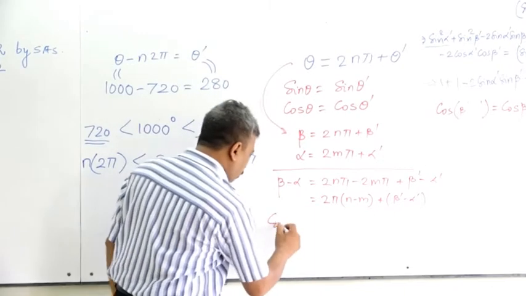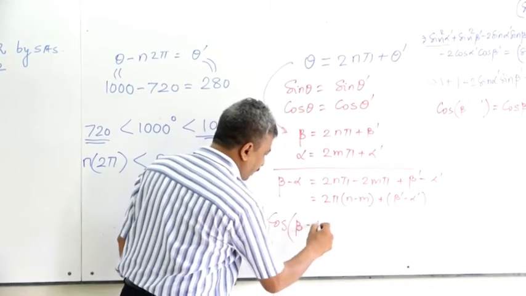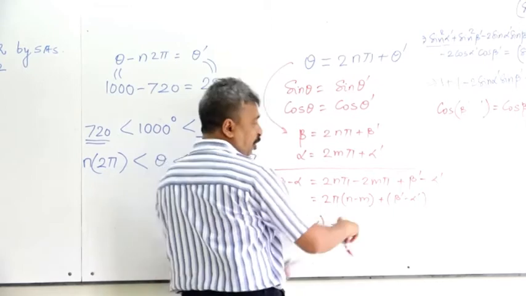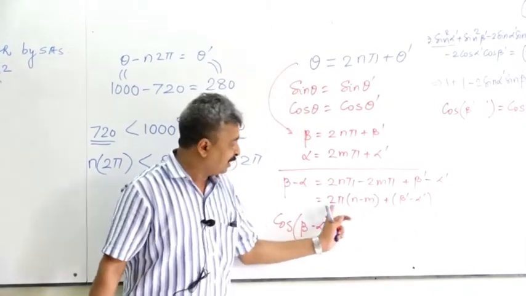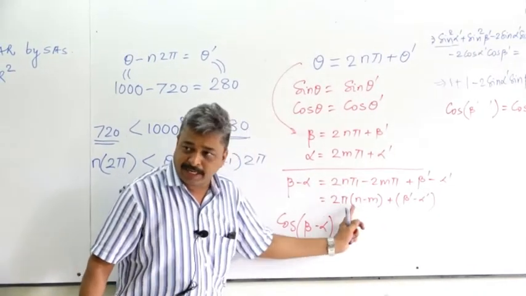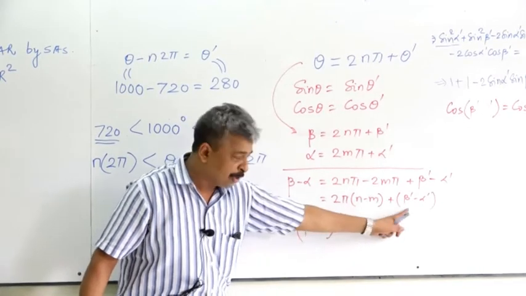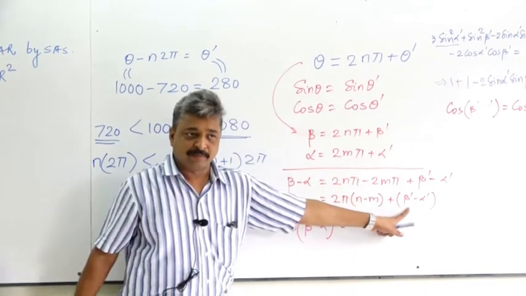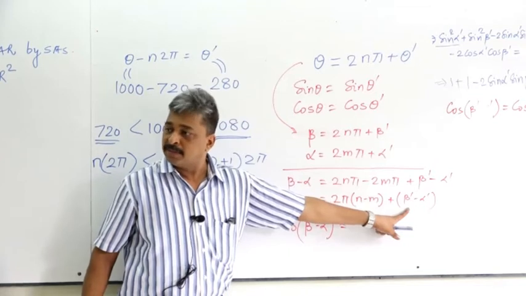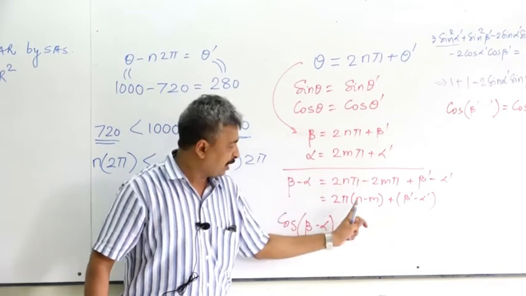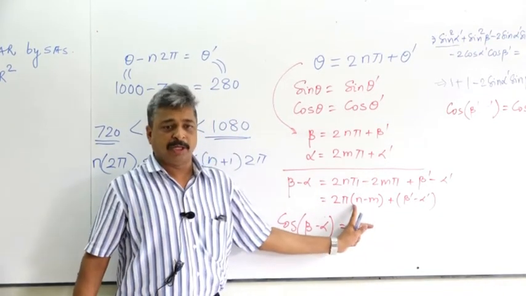Therefore cos of beta minus alpha is equal to cos of this quantity. But this quantity is the rotational history of that terminal ray. Finally it will go and rest at this position. Do you understand? And therefore we are not really bothered about what this number is.